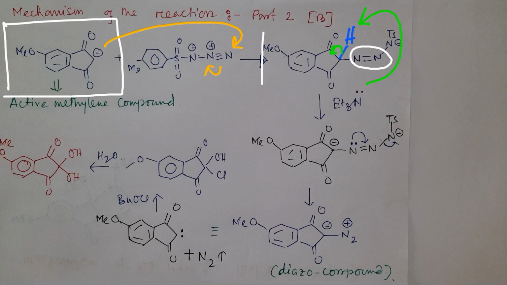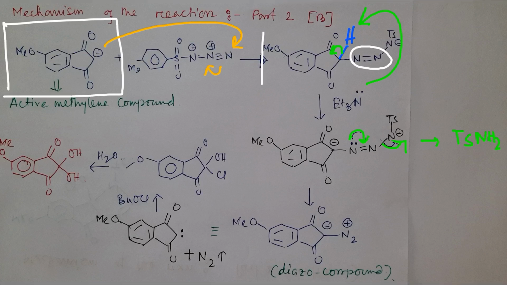This lone pair of nitrogen will push here and it will leave. So in this way it will generate TsN minus N2 minus actually, and it will abstract a proton from the reaction medium and it will ultimately be TsNH2. Now you may think of one question: sir, the same NN bond was there previously before deprotonation, so why is the deprotonation essential?